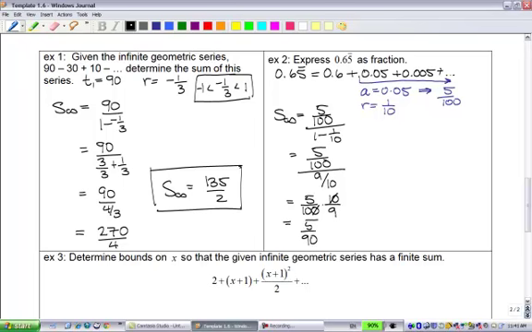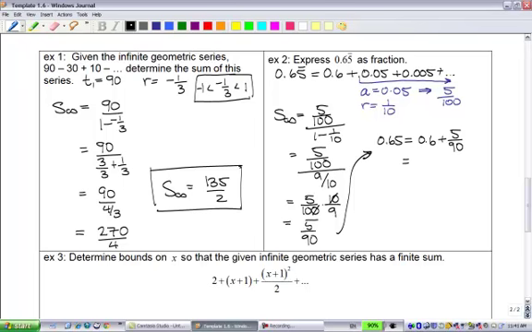So the sum of the repeating decimal portion is 5 over 90. So when we want to build 0.65 repeating, we can write it as 0.6 plus 5/90ths.